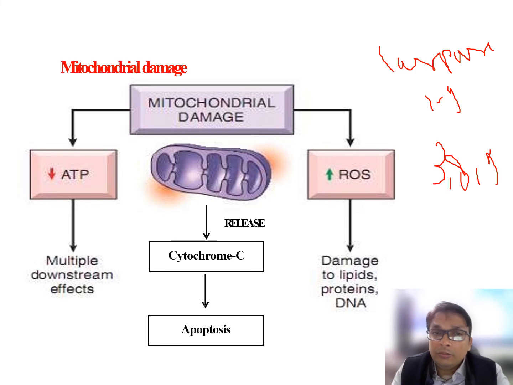They bombard different cellular contents like lipids, proteins, and DNA. We will see ROS in detail, as it is one of the reasons for the pathogenesis of cellular injury, resulting in lipid, protein and DNA damage, and ultimately a decrease in cellular functioning and cellular injury.